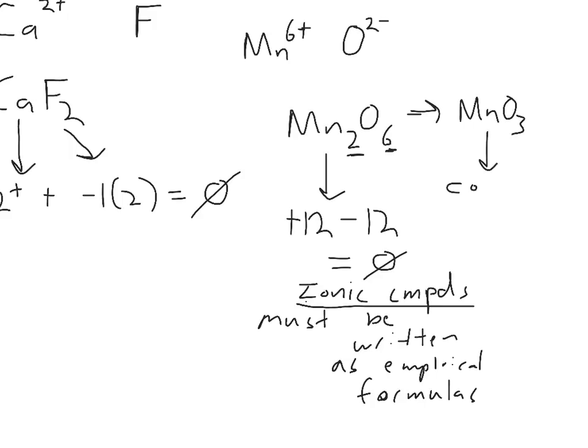The correct formula is still neutral: 1 times 6 is 6, 3 times minus 2 is minus 6, so you would still have a neutral compound.